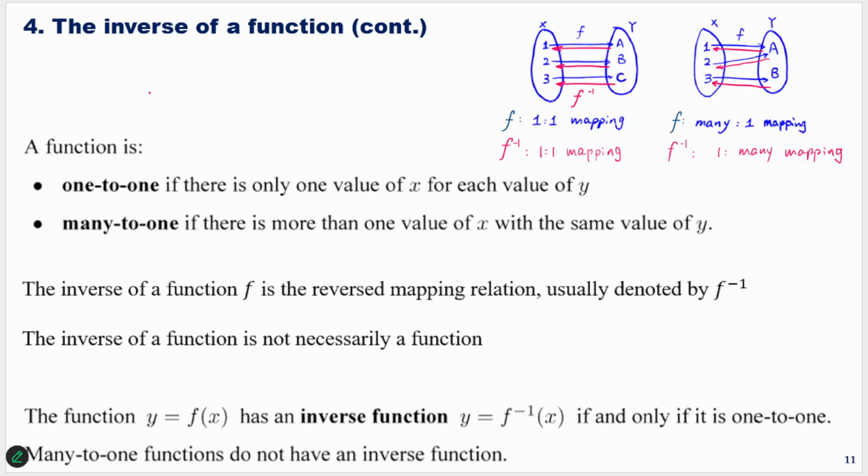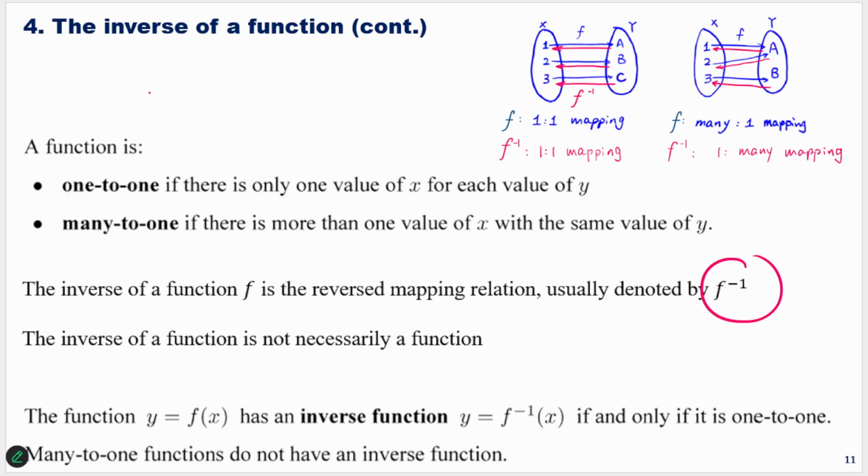The inverse of a function f is the reversed mapping relation, usually denoted by f inverse. And be careful that the inverse of a function is not necessarily a function. You need to check whether each input corresponds to only one unique output. It must satisfy the definition of a function.